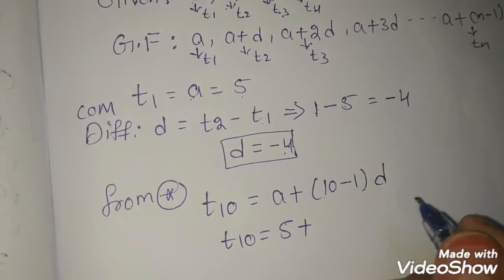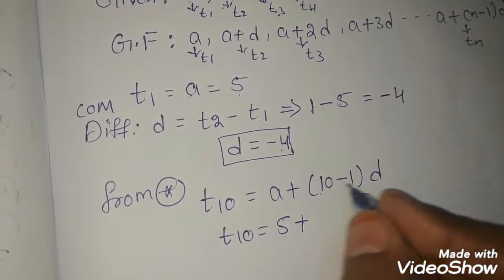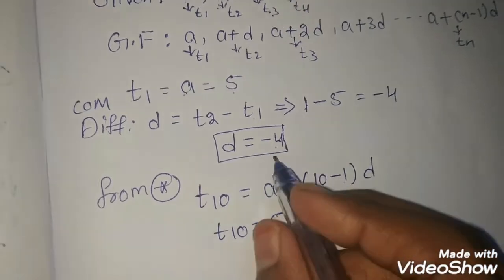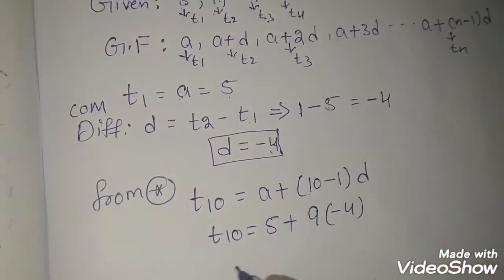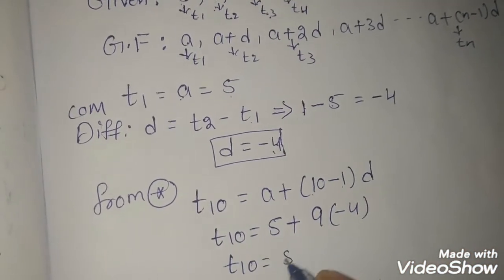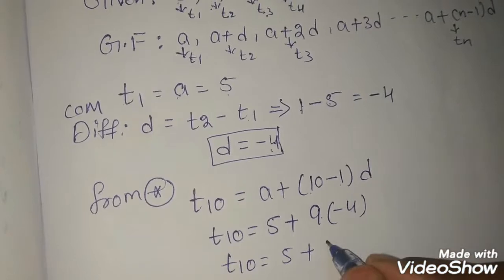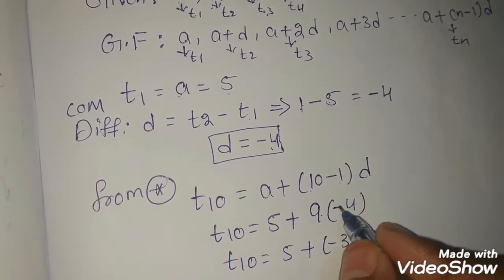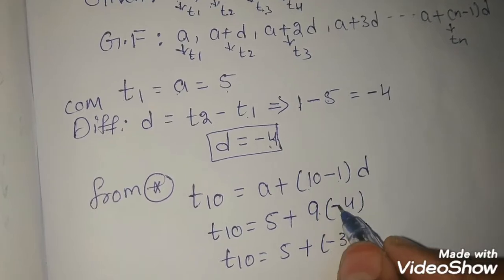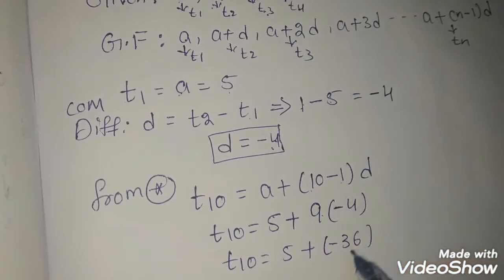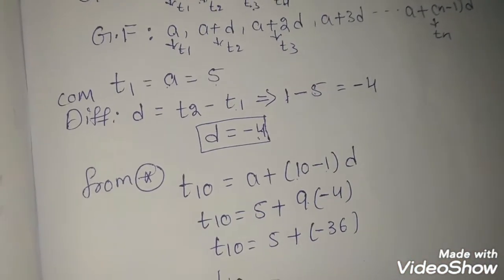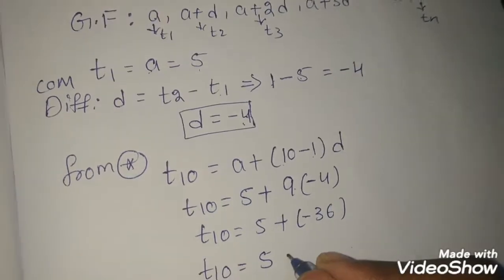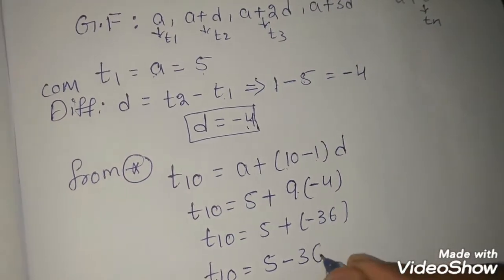What is 10 minus 1? 9, into D. What is D? Minus 4. T10 is equal to 5 plus 9 4s are 36. Why here keeping minus? Because they already gave minus 4, so I am writing minus here. 9 4s are 36. T10 is equal to 5 plus into minus 36.